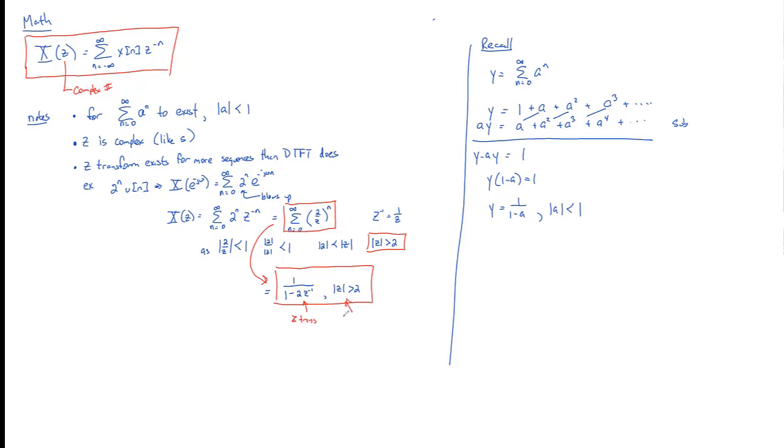And this is the region of convergence, often abbreviated ROC. In fact, people generally call it ROC.